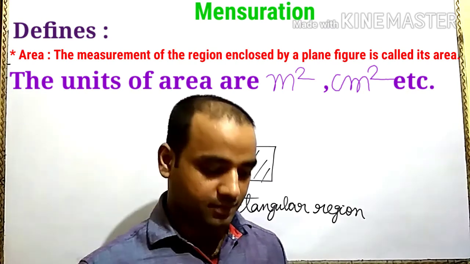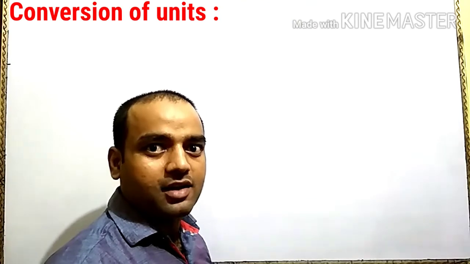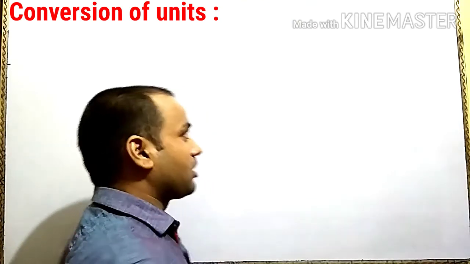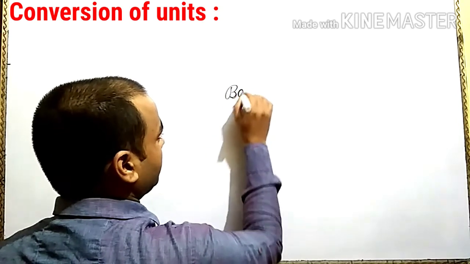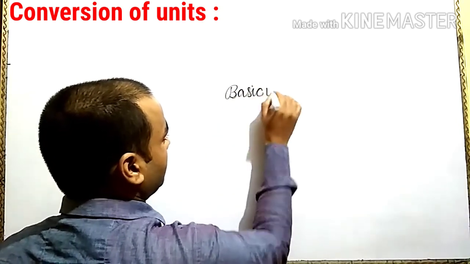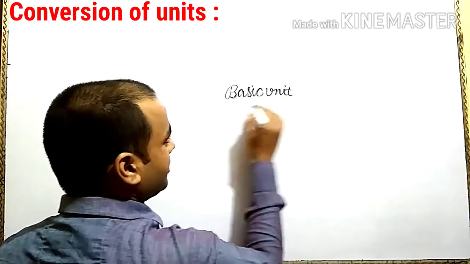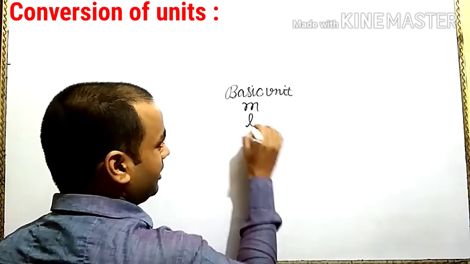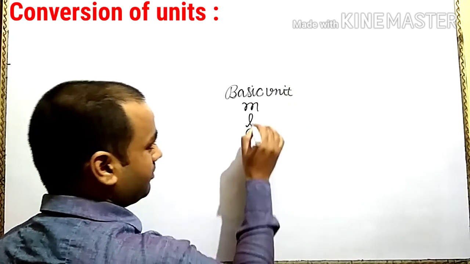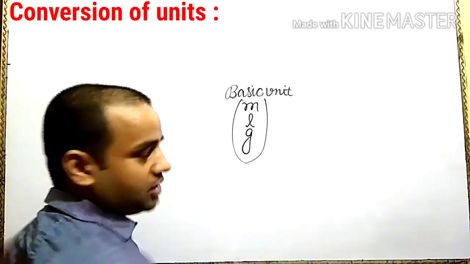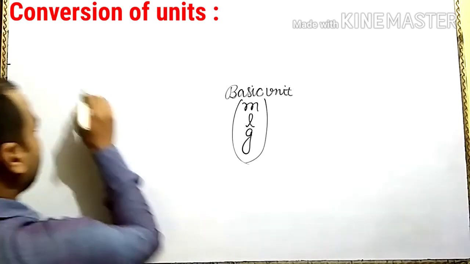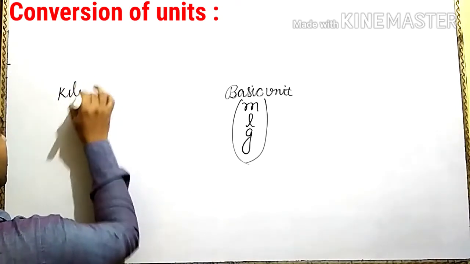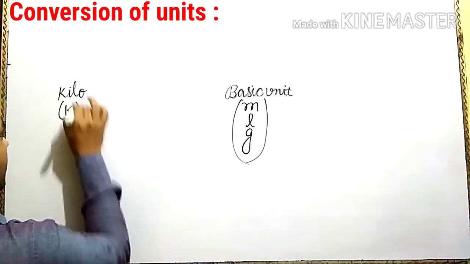Is it clear? Now let us understand conversion of units. Conversion of units, first we take basic unit. Your basic units are meter, liter and gram. Is it clear? Here write first kilo denoted by a small k.